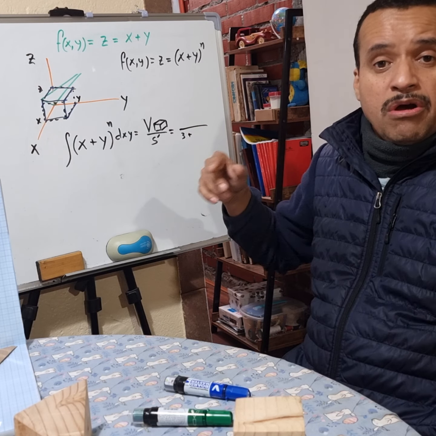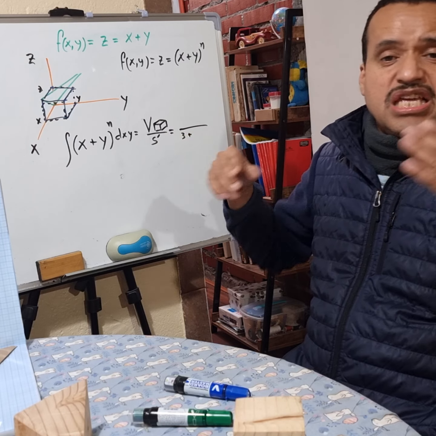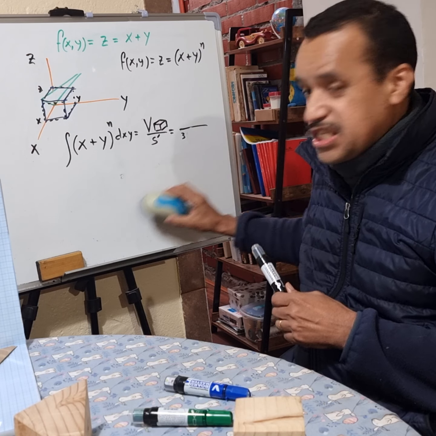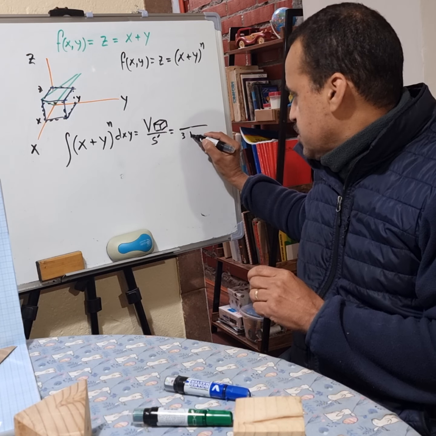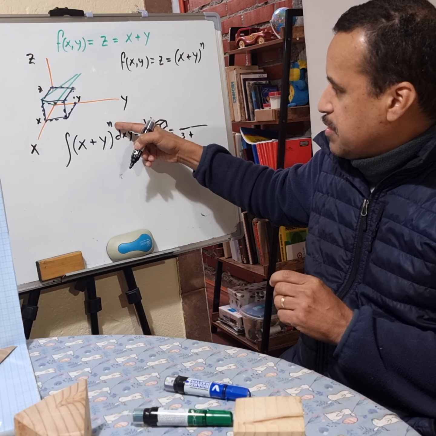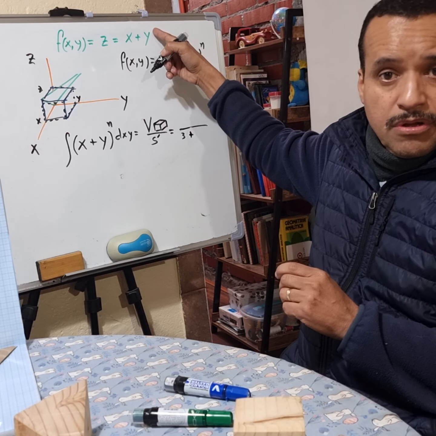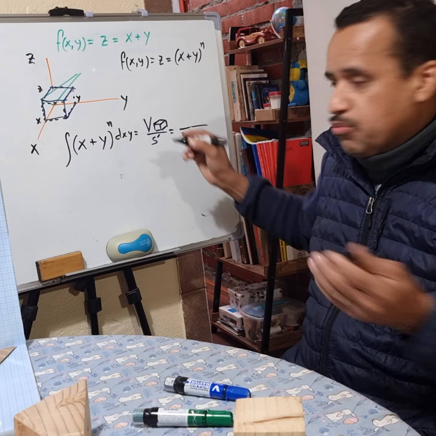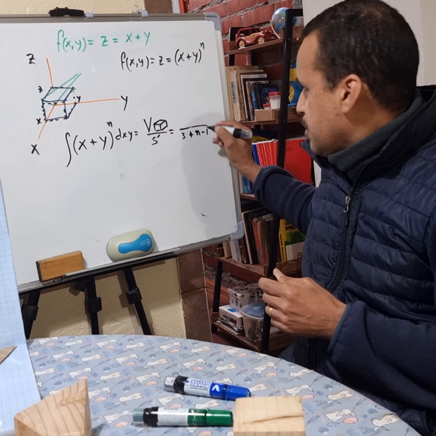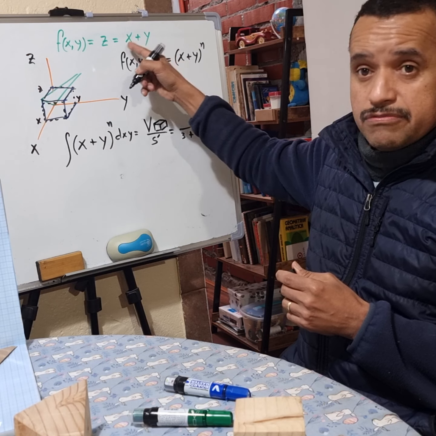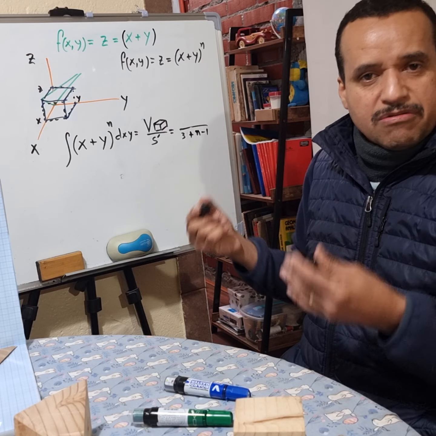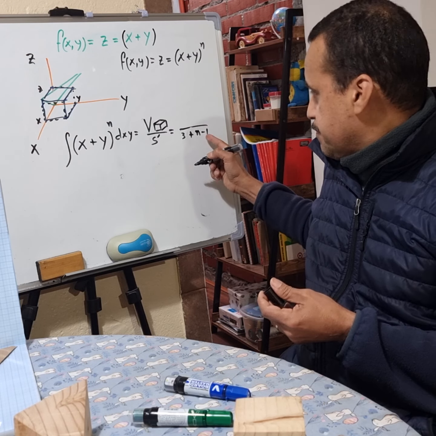plus the increment of the symmetry of the identity function. 3 is the symmetry of the identity function, and we add the increment of the symmetry by the power. We see the same increment of the power m to 1, and the increment is going to be m minus 1. The power of the identity function is 1, and the power of that function is m, so the increment is m minus 1.